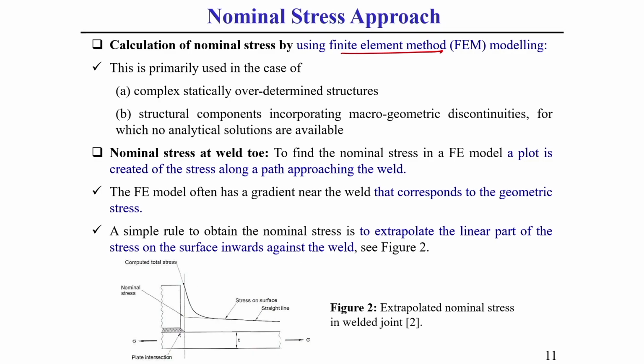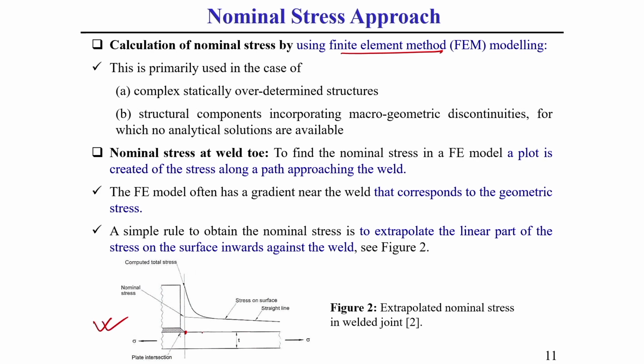After that we need to apply the boundary conditions, joint geometry and all the things. Once we do the analysis, we can get the stress distribution throughout the entire welded structure.